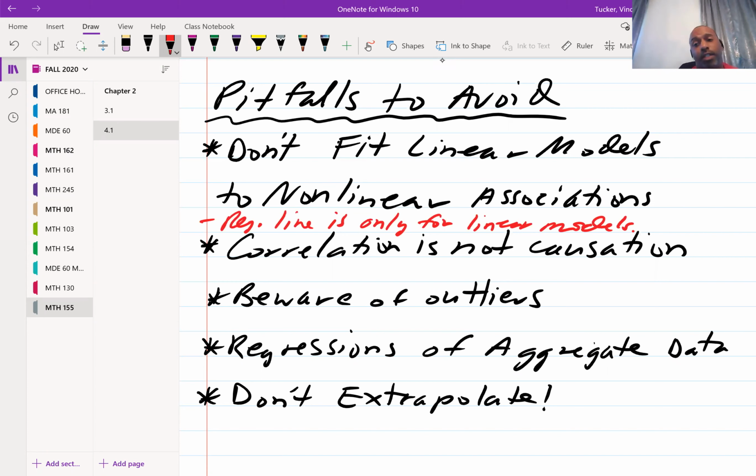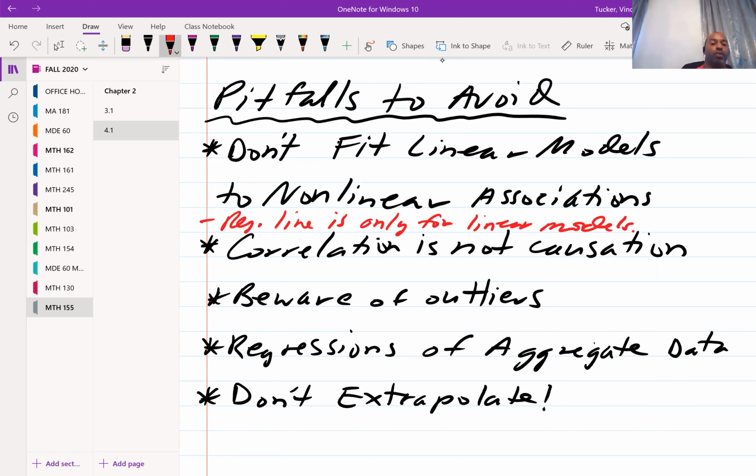Correlation is not causation. We talked about that one already. Just because there is a strong correlation does not mean that that is the cause, or just because there's a strong association does not mean that is the cause for those things occurring. Beware of outliers. We talked about how your correlation is affected by outliers.